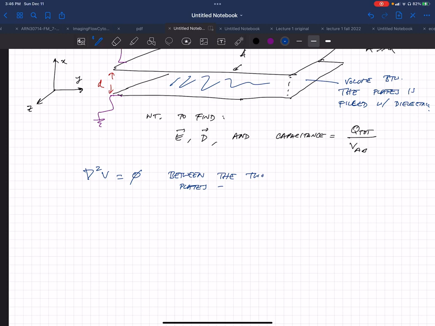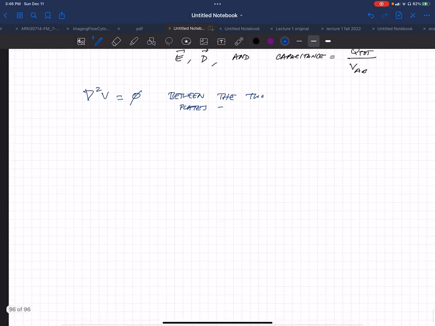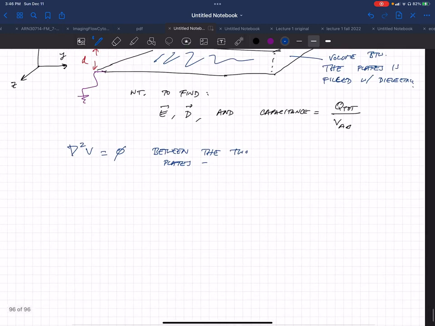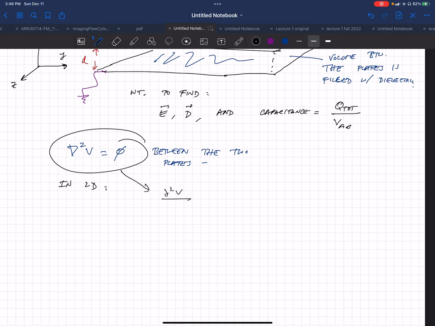So if we take the Laplacian in 2D, this is equal to, in rectangular coordinates, d squared V over dx squared plus d squared V over dy squared, equal to 0.